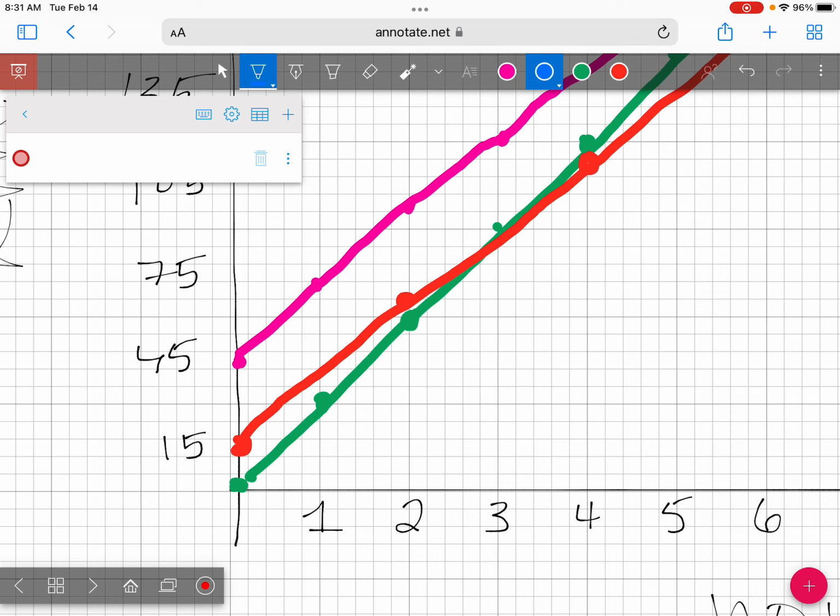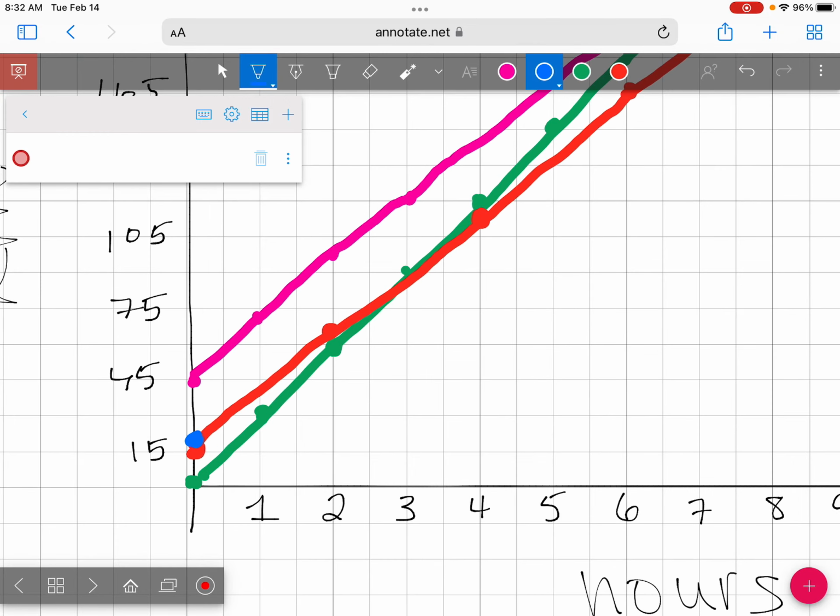So we start about here. And then every hour, how many kilometers does she go? 20. So from 20 to 1 hour, where is she at now? 40. 2 hours, she's going to be at 60, just like right about there.